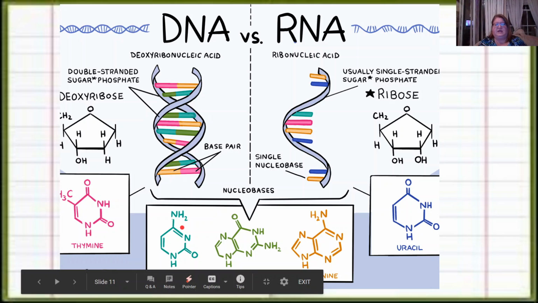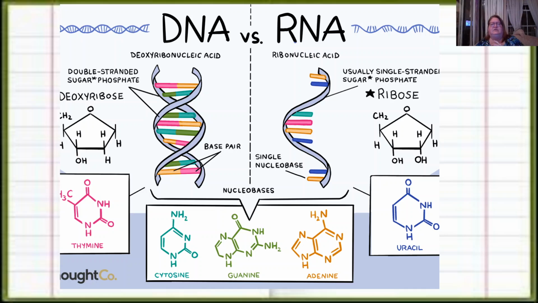DNA and RNA both have adenine, cytosine, and guanine. They also both have phosphate. So those are some of the similarities. They both have phosphate. They both have the adenine, cytosine, and guanine. And they are different in the number of strands. DNA has 2, RNA has 1. DNA has deoxyribose, RNA has ribose.